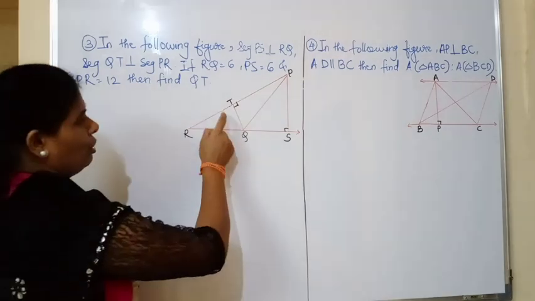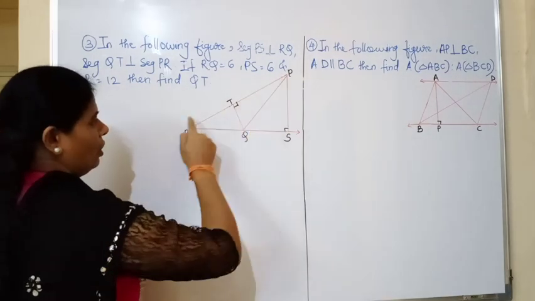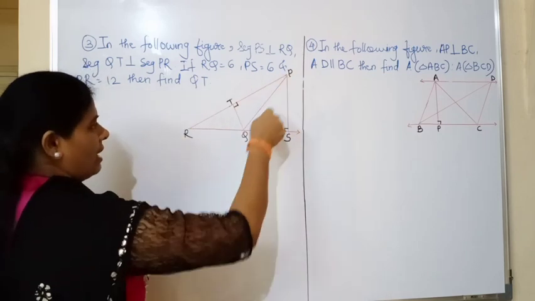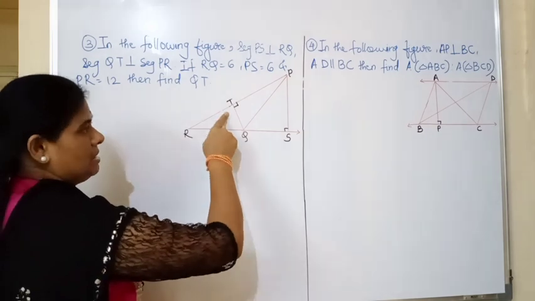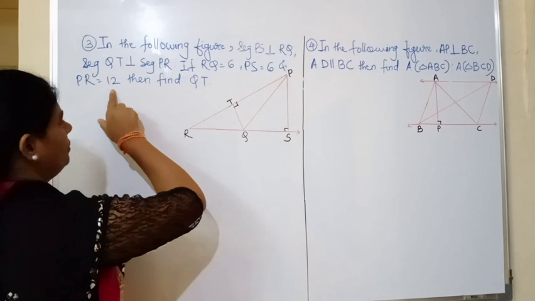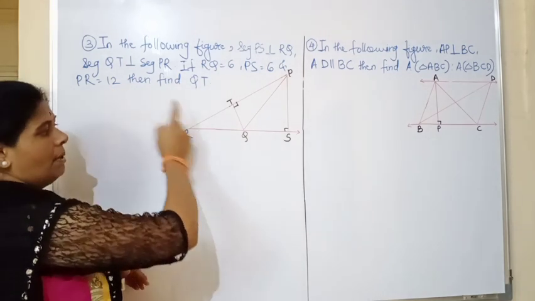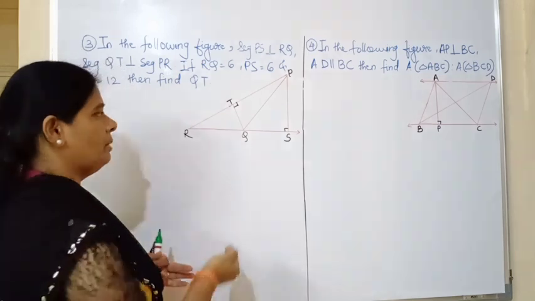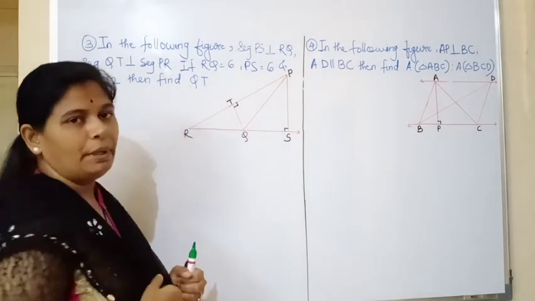You can see that QT is perpendicular on PR. So of triangle PQR, QT is the height and PR is the base. We have the base PR, but we don't have the measurement of QT, and we don't have the area of triangle PQR.